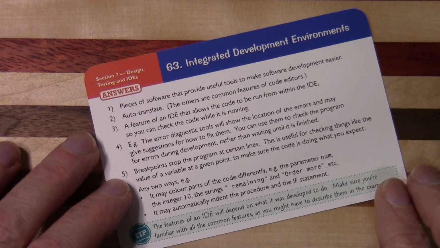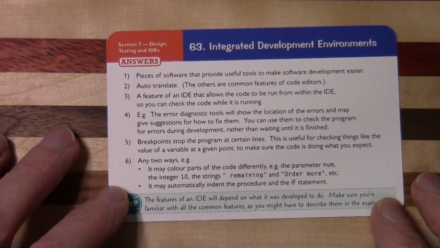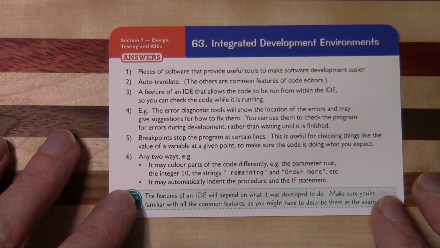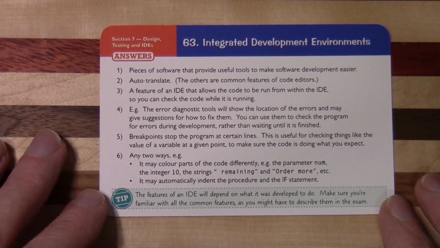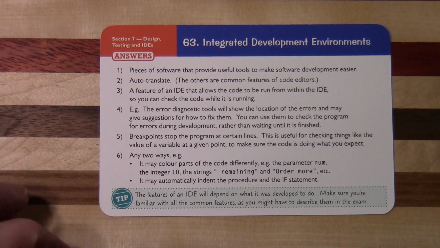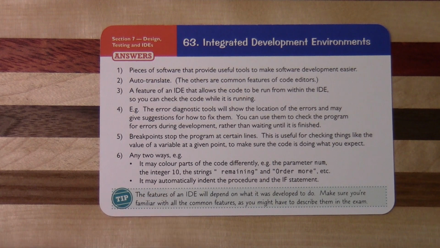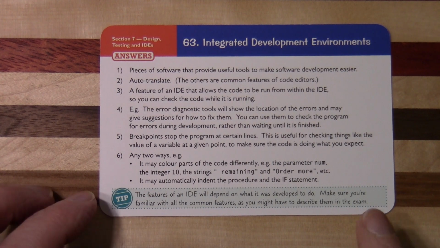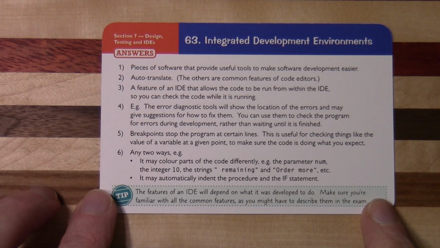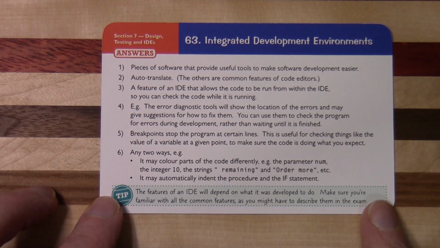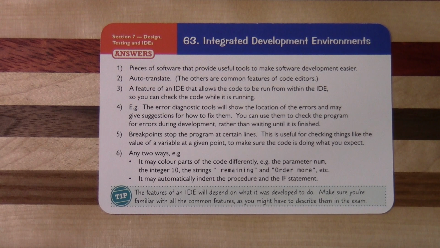Interesting. Oh, I was expecting it to say 2 different things there. It's 2 of the same, it's both to do with indents. So, oh no, yeah, sorry. Yeah, color coding, of course. Yeah, color code the parameters.